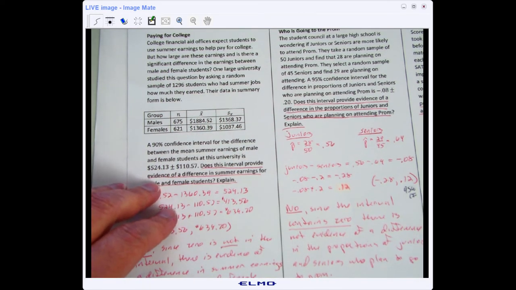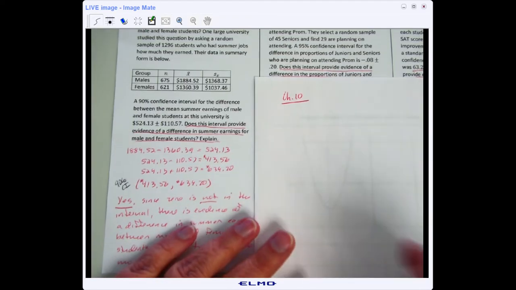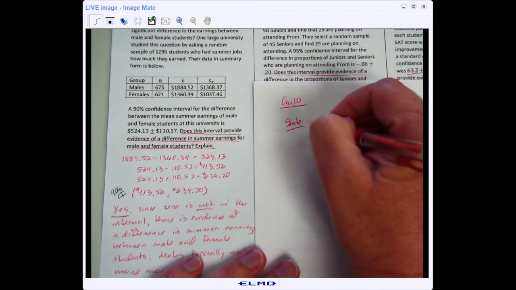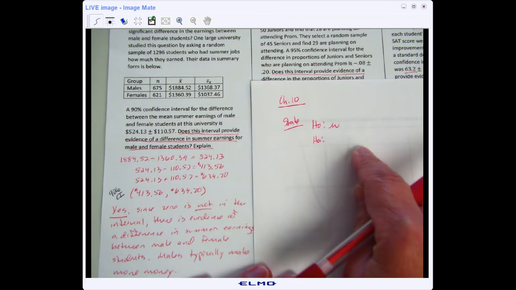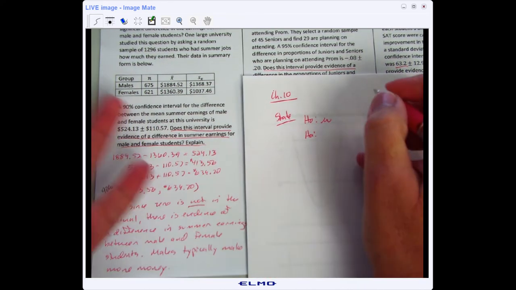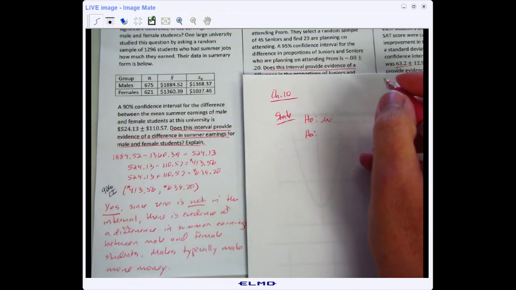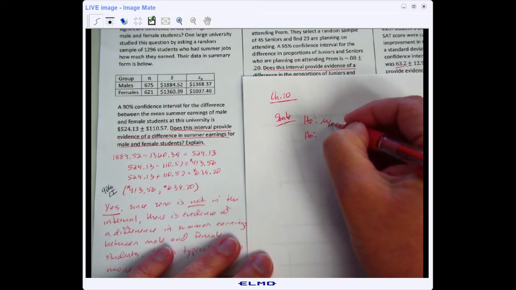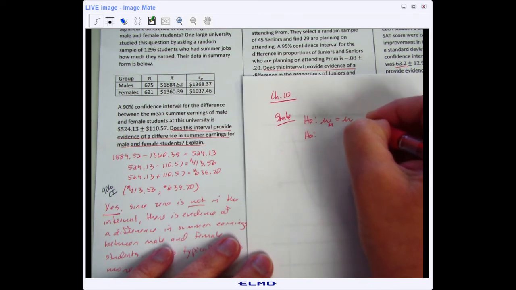Let me write these out. Let's see, our state. Instead of saying mu equals some number, because I don't have a typical amount of money that college students earn during the summer, I'm going to compare the mu of the males to the mu of the females.